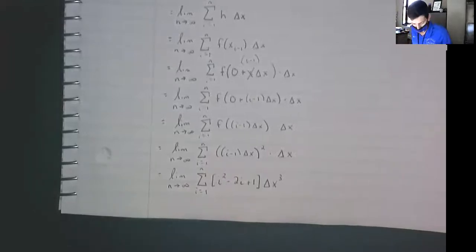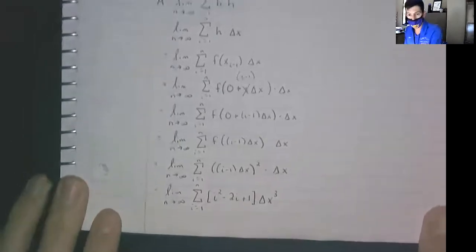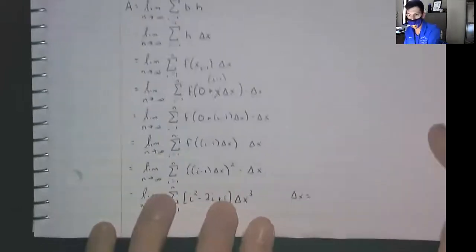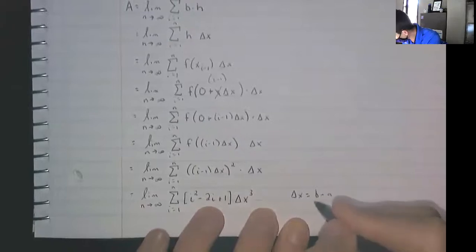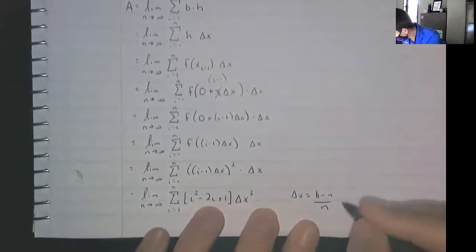And this is right about where I'm going to let you guys see if you can do your magic. The one last thing that you need to keep in mind is that delta x, because we're defining it to be an even subinterval, is b minus a divided by n.